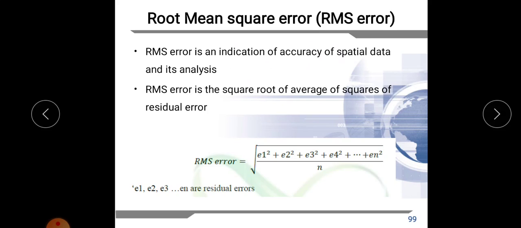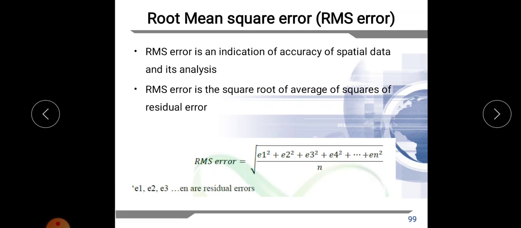Here you should learn this equation by heart: RMS error is an indication of the accuracy of spatial data and its analysis. It is the square root of the average of squares of residual errors. Here E1, E2, E3 are the residual errors.